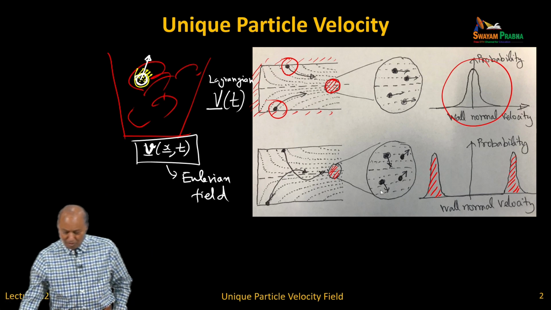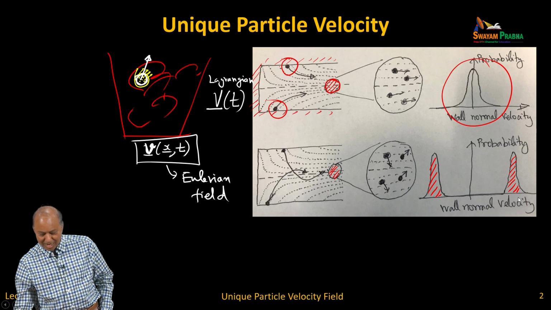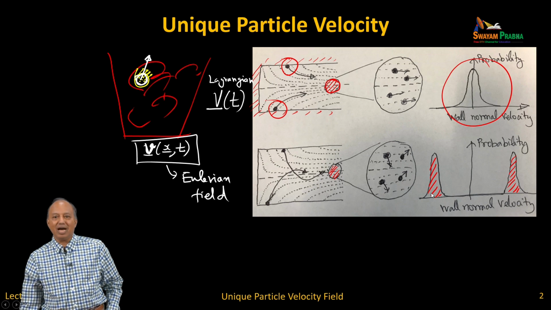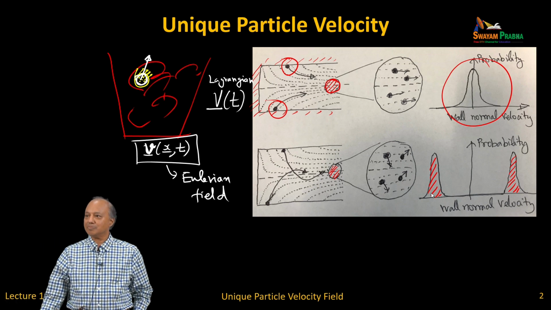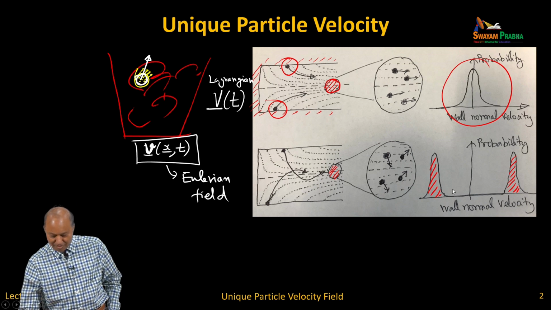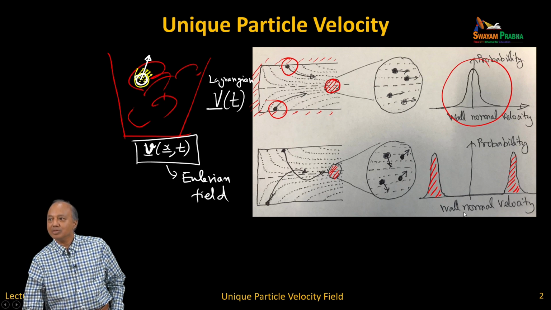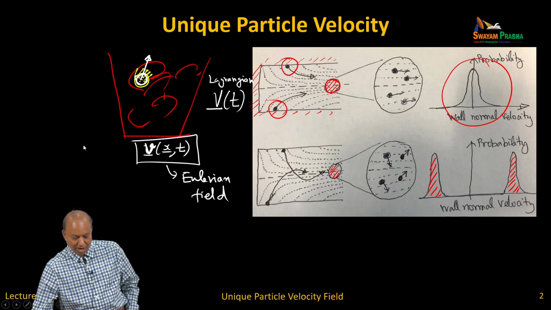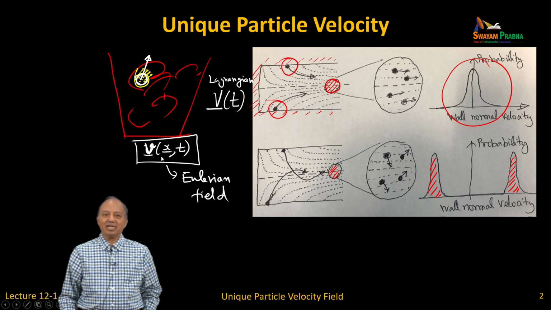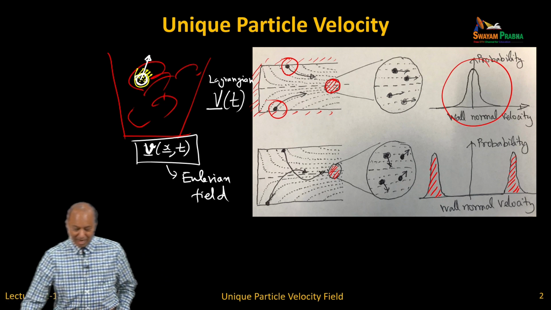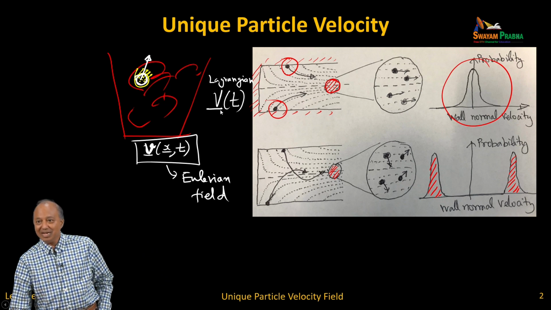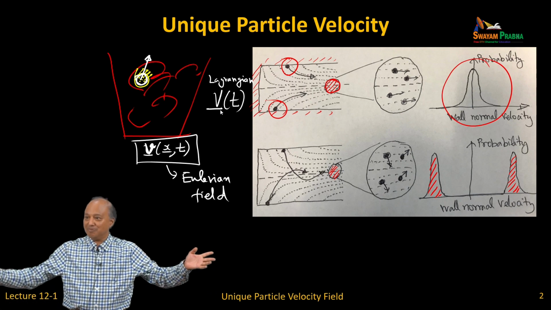Now, the actual velocities are like this, some going down and some going up. The average of this will be 0. So, this Eulerian field will say it is 0. But the Lagrangian, if I were to track, it is going to be big negatives and big positives, some going up.